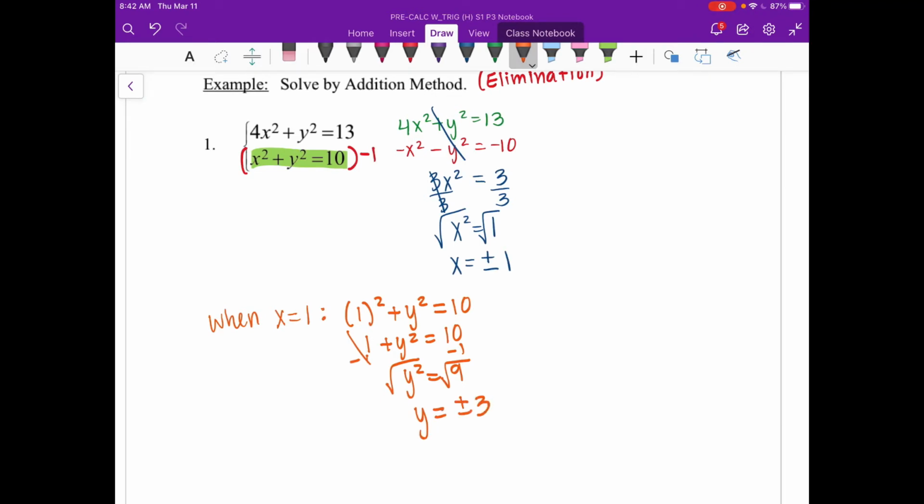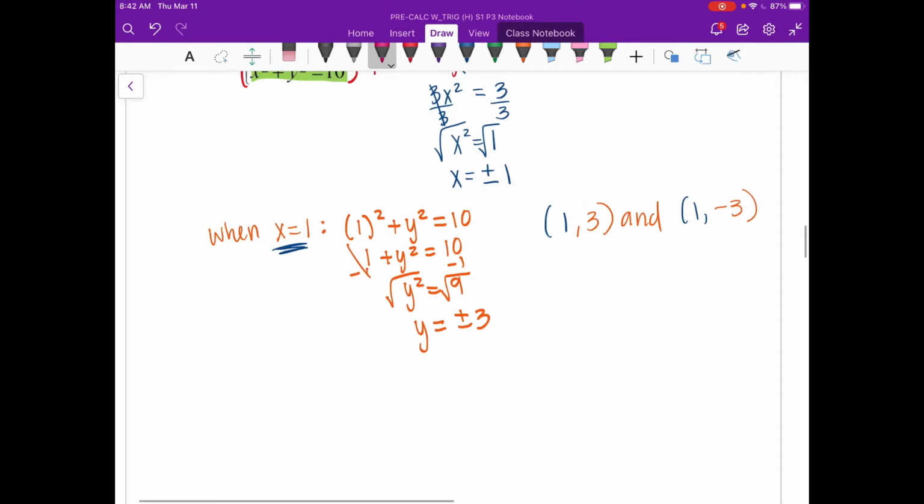Okay, so this already gives me two intersections. Right now I'm dealing with x equals 1. But it's telling me that I'm going to have a +3, and also at +1, I'm going to have a -3 value. So that's already two intersections, and I haven't even checked x equals -1. But we got to check it, so let's keep going.